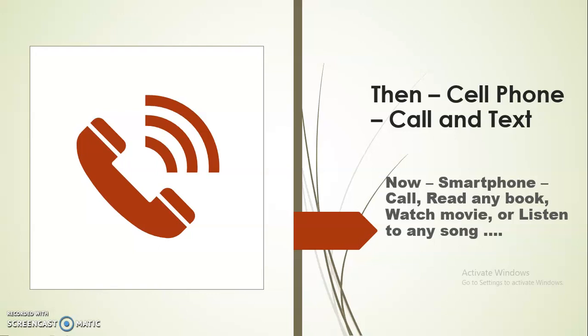We all are able to live even without food, but not without a smartphone. Through a smartphone, we are able to watch movies, read any book, or listen to any song. We can also use our smartphone as a search engine.